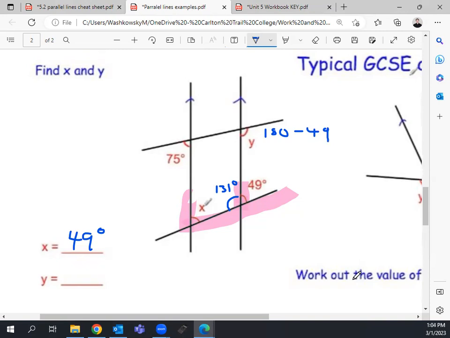Ooh, I can see why you got to that conclusion. In this case, it's not going to work because there's actually 2 lines. So this is actually a different angle than this one is. The co-interior rule would work if it were the same line bisected, but in this case, we have 2 different lines going through this. So it's not 131, but I can see how you got there.